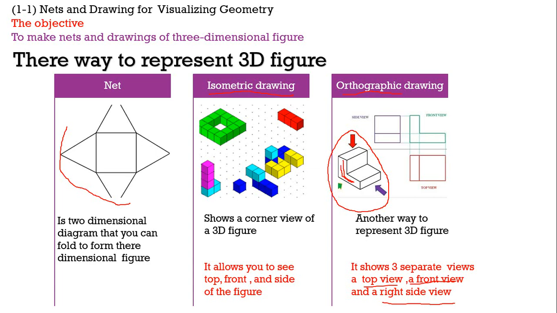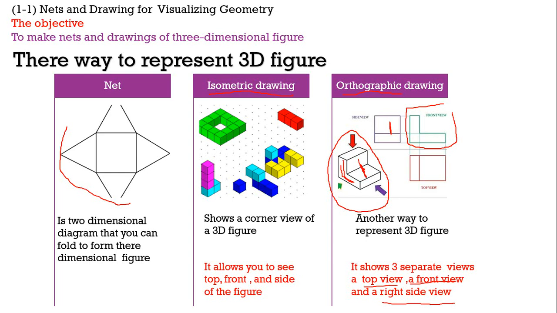If you can see this side, you can represent it like this. This is the front view, right? This side, which is the right side, you can represent it by looking at this side. This side, which is the one on the top, is here. It's written here. You will learn more details when I explain the examples.